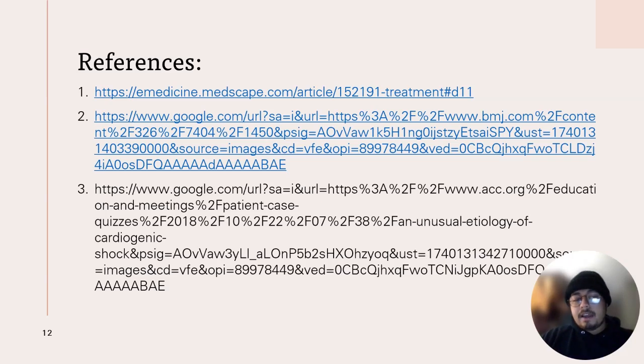We also talked about how certain monitoring types would be more of an invasive monitoring type, such as your Swan-Ganz or your PA catheterizations to monitor those pressures in your heart, specifically your PCWP.